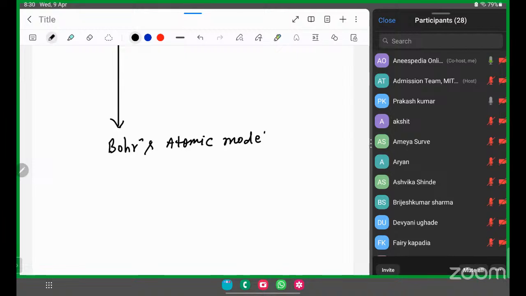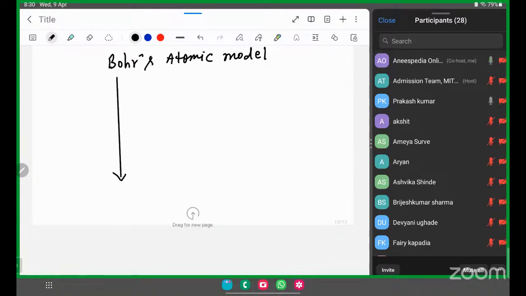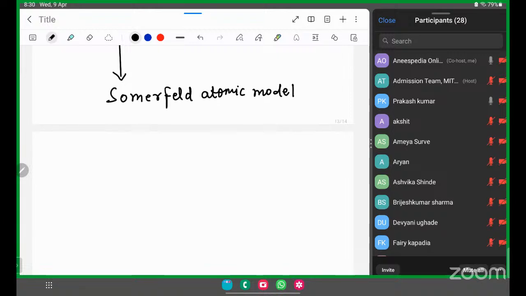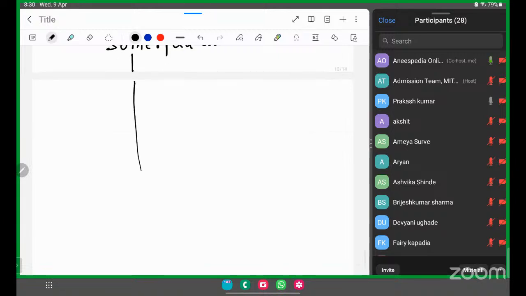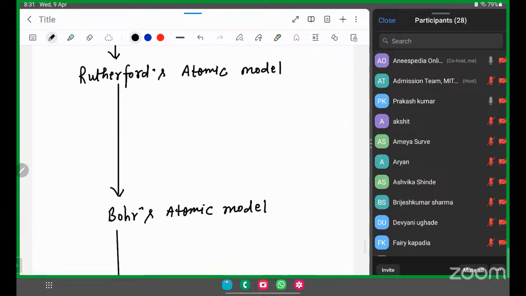After Bohr's atomic model, we have Sommerfeld's atomic model. And finally, we have the quantum atomic model, or latest atomic model. So these are the models.